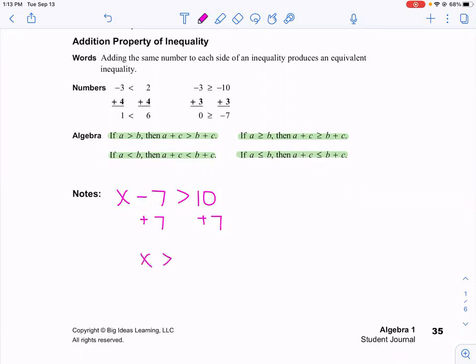So we have x is greater than 17. And if I wanted to graph my answer, at 17, I would make an open circle and I would shade everything that's bigger than 17 because my inequality is x is greater than 17.